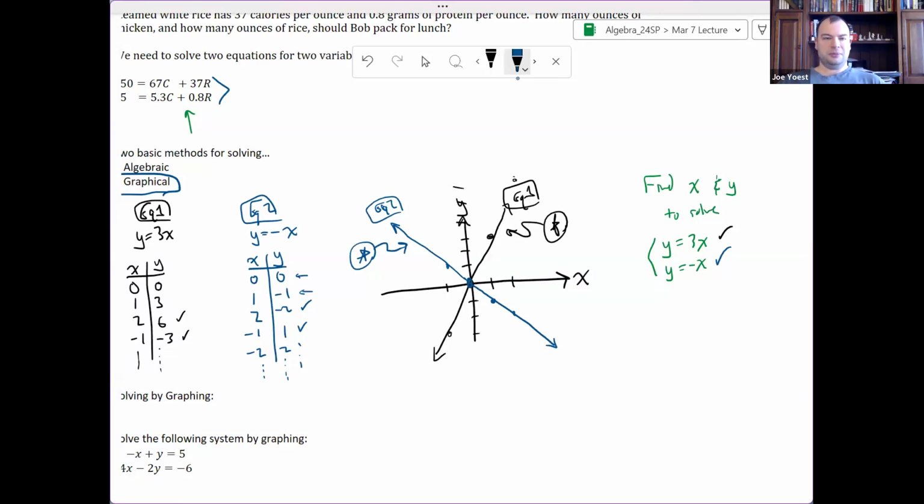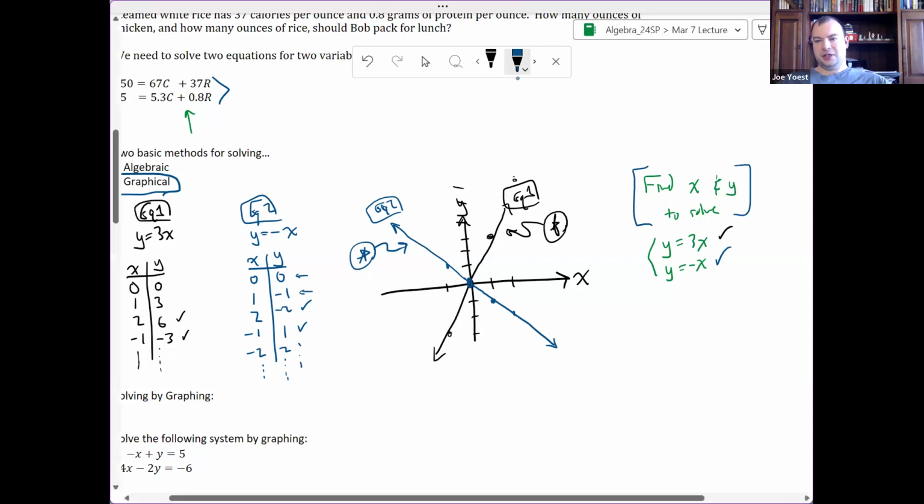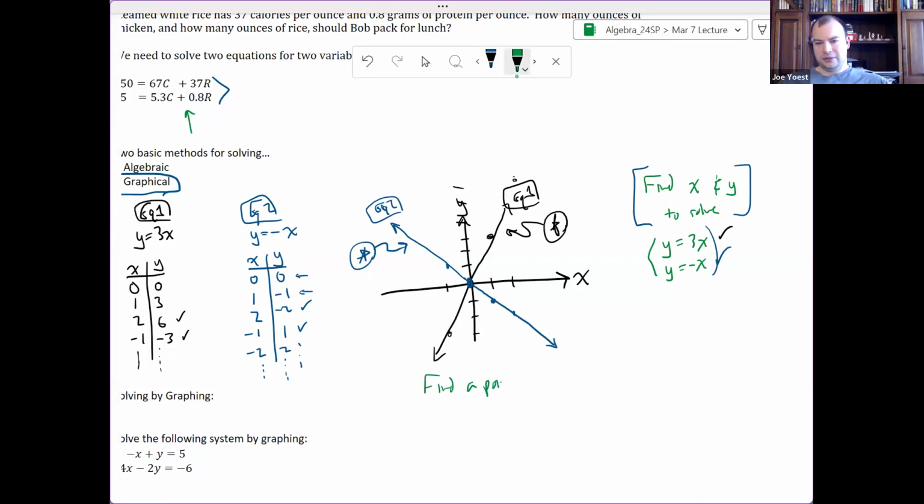I'm looking for an ordered pair that is on both lines. So I need to find x and y to solve both equations simultaneously. In the graphical world, what does that translate to? Find a point of intersection of the two graphs.